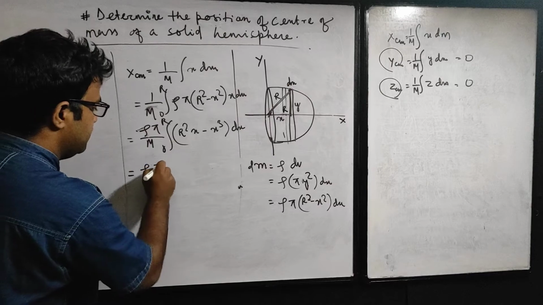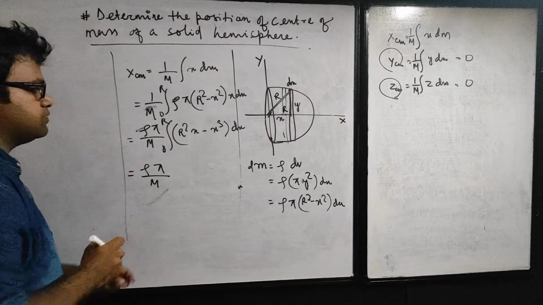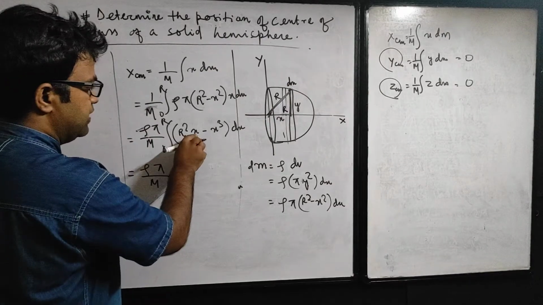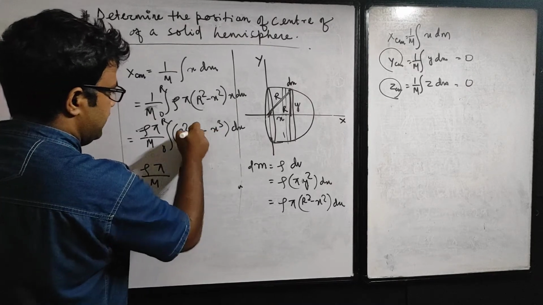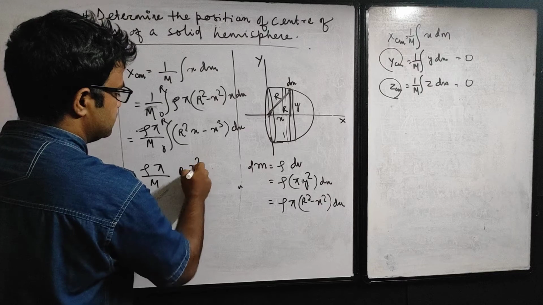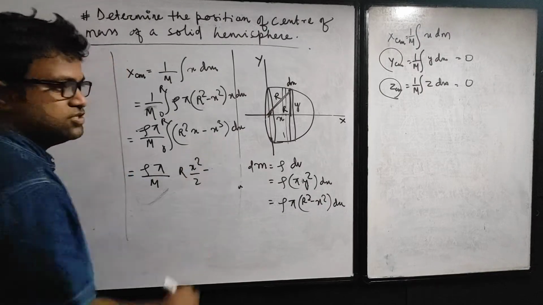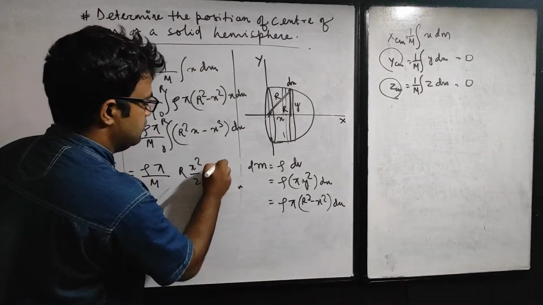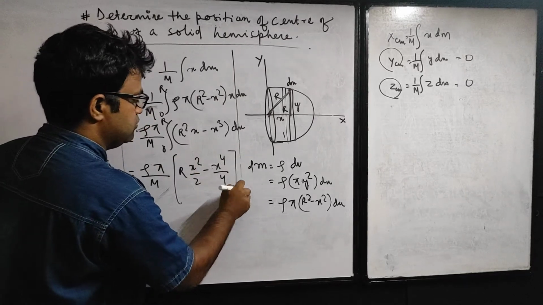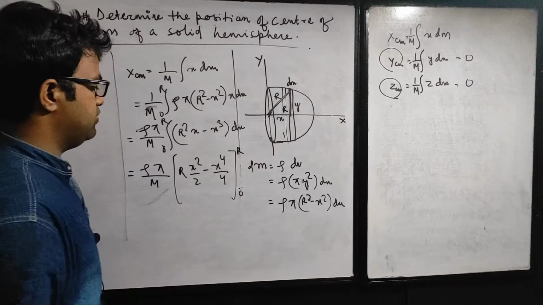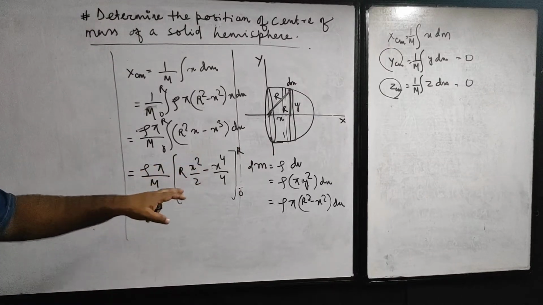So rho pi by m, the integration of r square x minus x cube: r square x dx integrates to x square by 2, and x cube integrates to x fourth by 4, from 0 to r, and this is a definite integral.